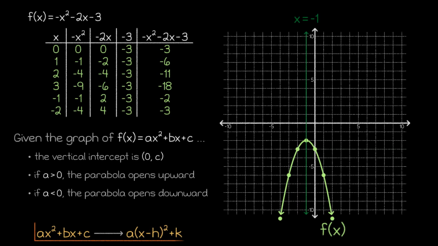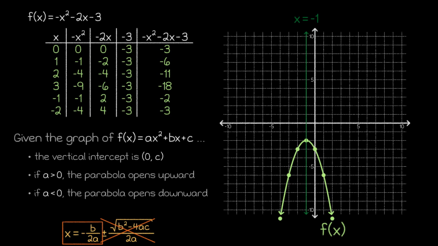This might sound like more work than it's worth, except that we essentially already did this process when we derived the quadratic formula. It turns out that if we split the formula into two separate fractions and ignore everything from the plus or minus sign onwards, we end up getting an equation for the axis of symmetry. So let's jot that equation down in our feature summary and move along to our next problem.